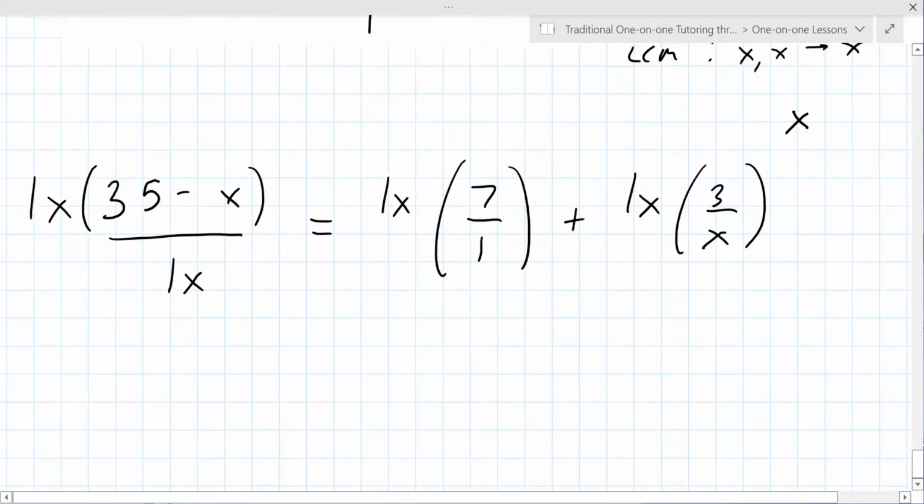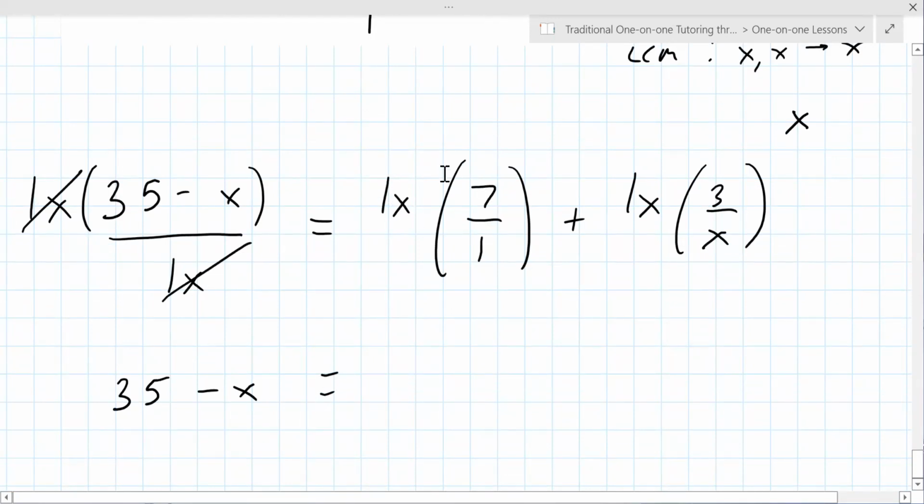It's better to divide before you multiply. Like in this first one here, if you multiply, you get 35x minus x squared, then you've got to divide. It's just easier to divide before you multiply. So this just becomes 35 minus x. Right. The second one, you've got ones, the ones cancel.